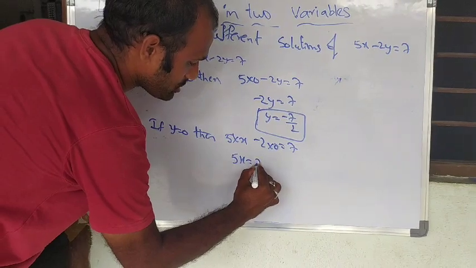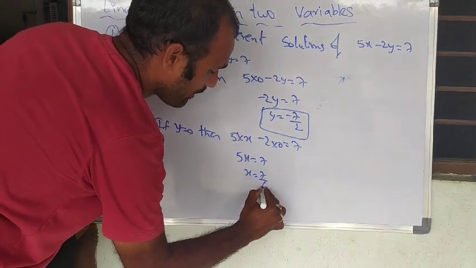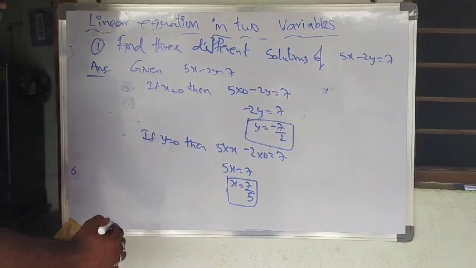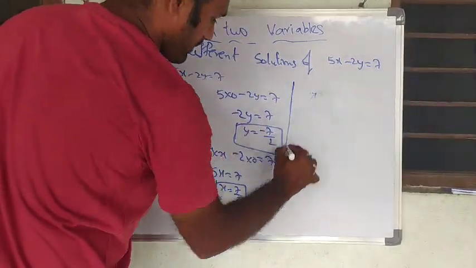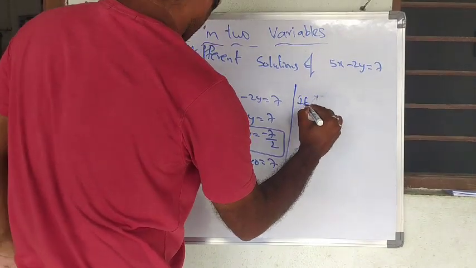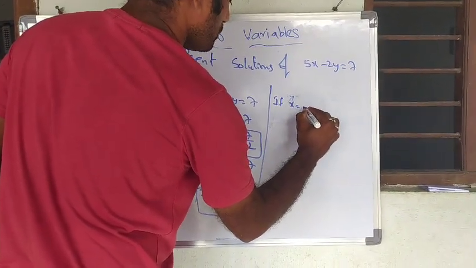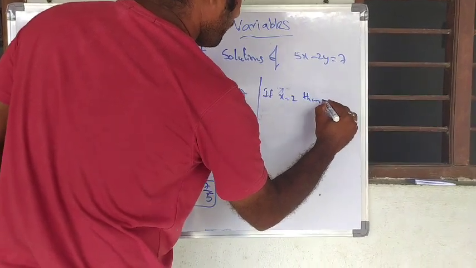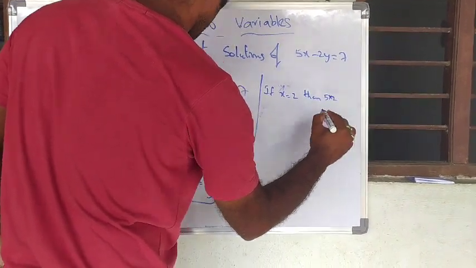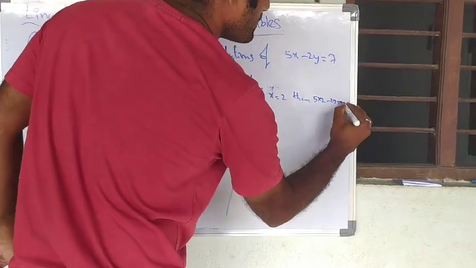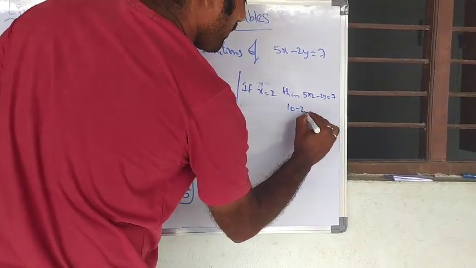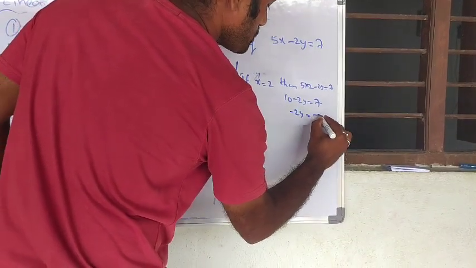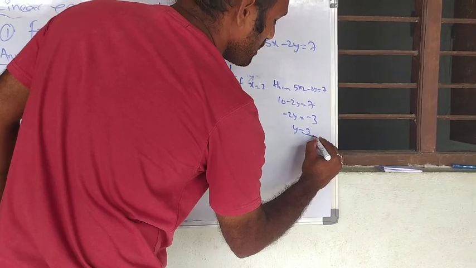So 5x is equal to 7, x is equal to 7 by 5. Third, if x is equal to 2, then 5 into 2 minus 2y is equal to 7. So 10 minus 2y is equal to 7, minus 2y is equal to minus 3, y is equal to 3 by 2.